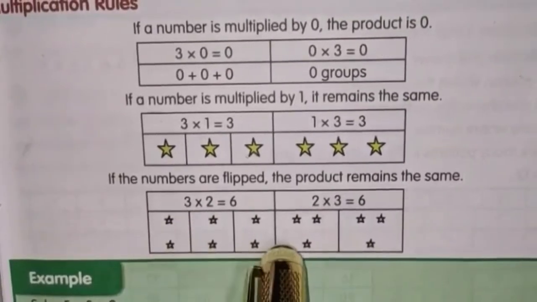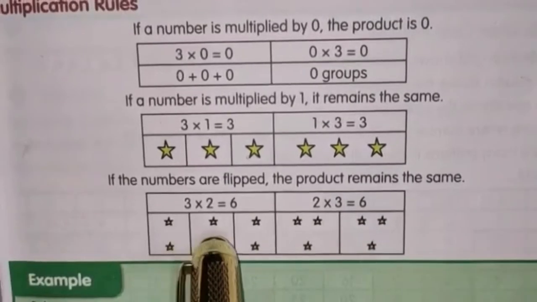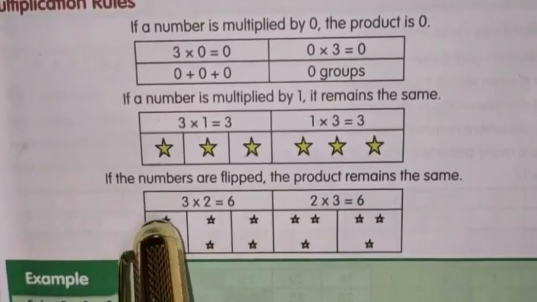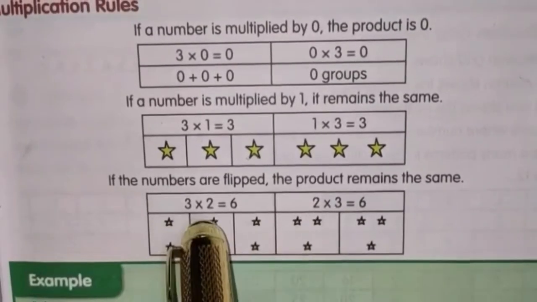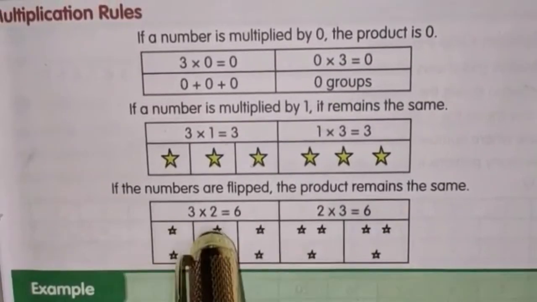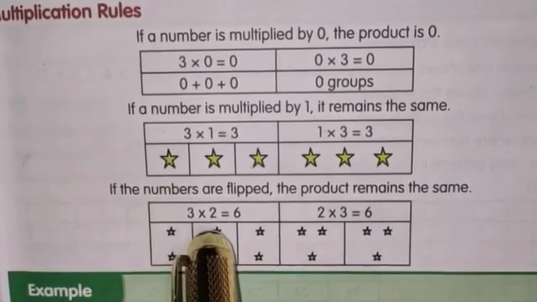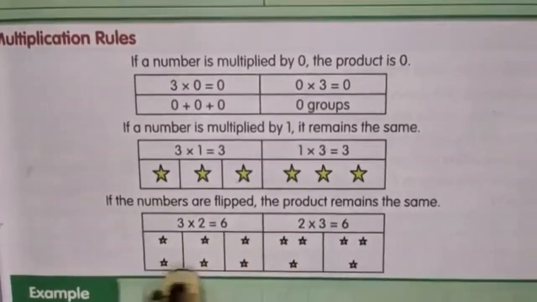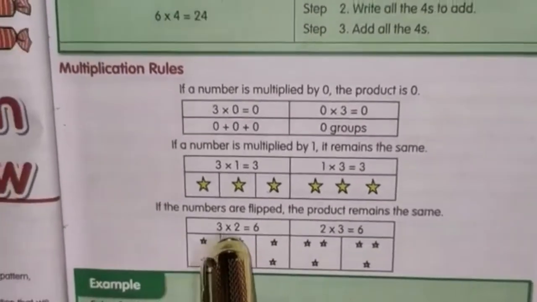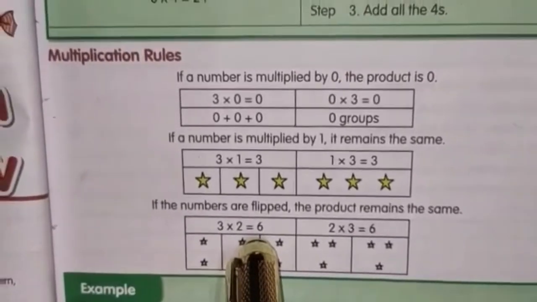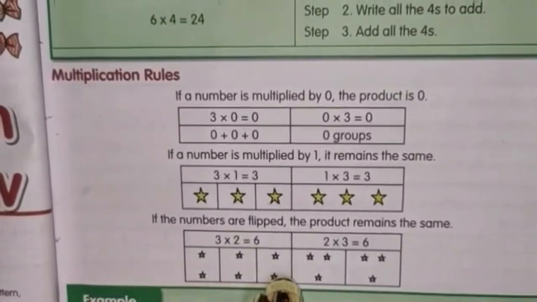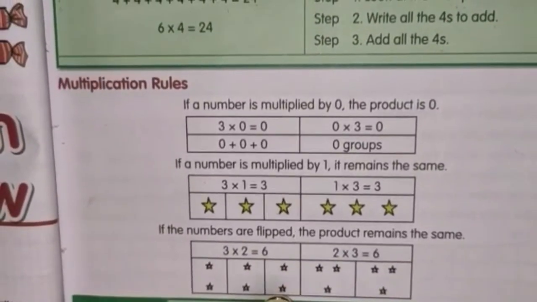So here what have they done? They have drawn 3 boxes, in that 2 stars. Because here we have 2, right? If you count the stars, how many stars do we have? 1, 2, 3, 4, 5, 6. 6 stars. Right? 3 into 2 is equals to product 6.